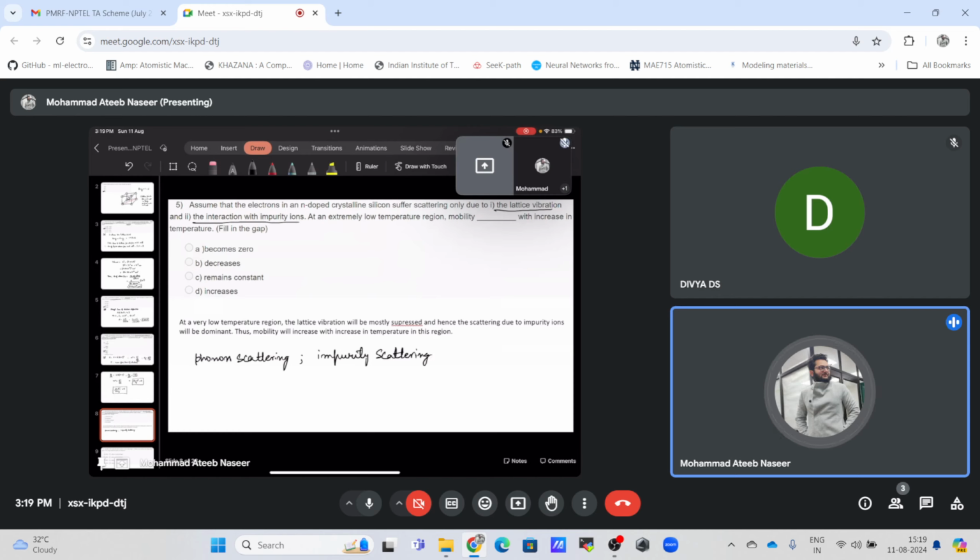So it has been asked to find what happens at extremely low temperature. What does the mobility show to us when we have very low temperature? How does it behave with the increase in temperature, when the temperature is extremely low?